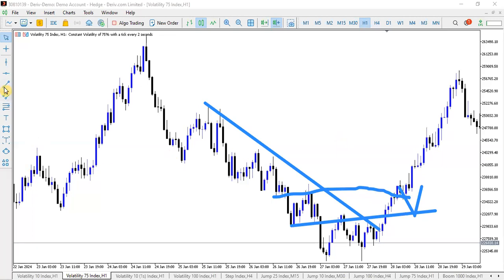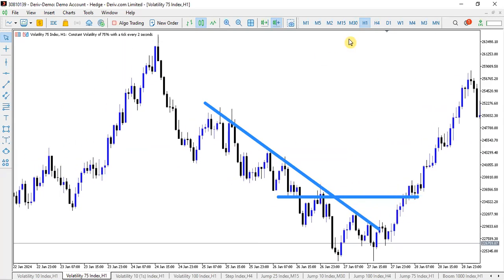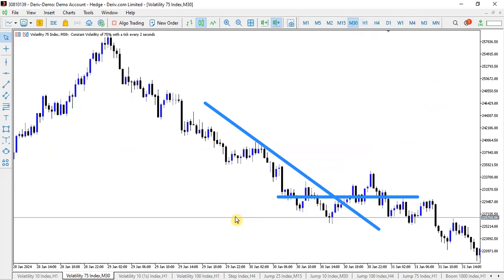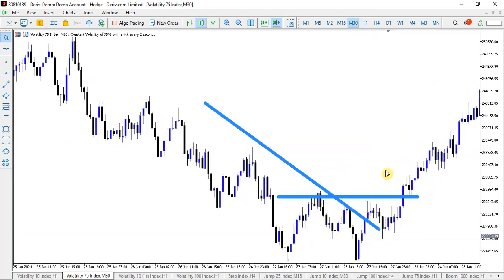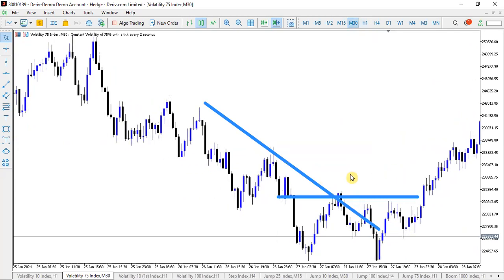So what do you do in this particular case where price decided to respect this area and keep pushing to the upside? You're going to scale down the time frame, go down to a smaller time frame, and look for confirmation candles.